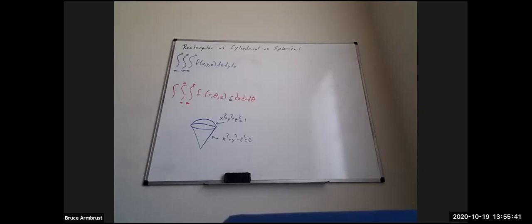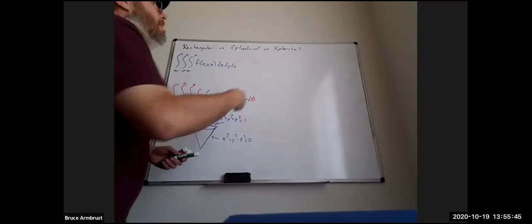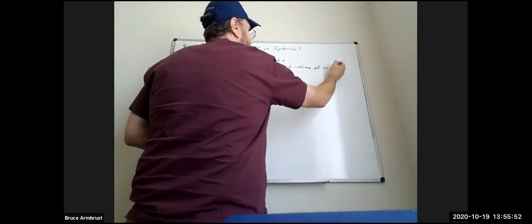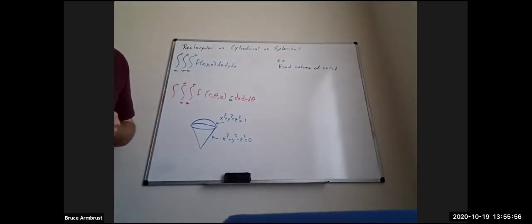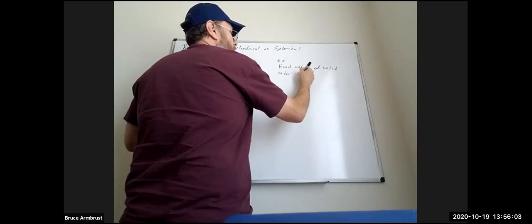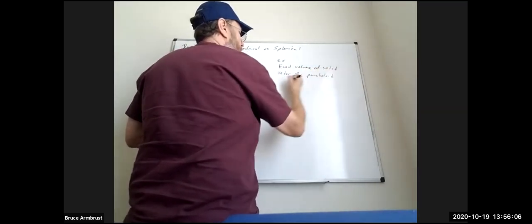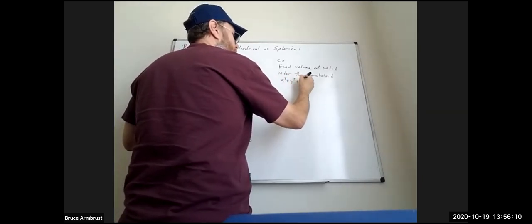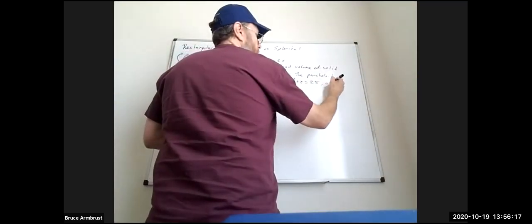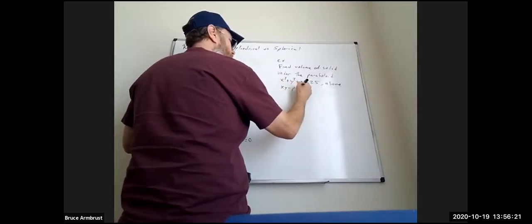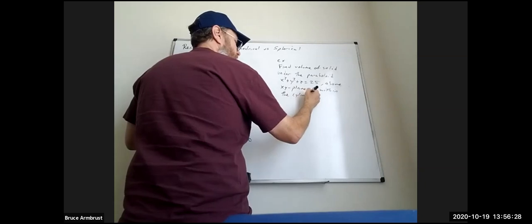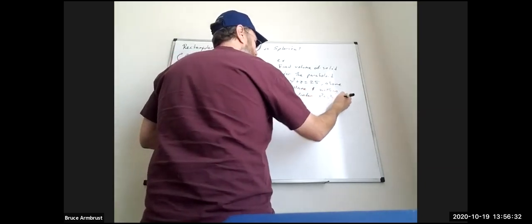Let's find the volume of the solid that's under the paraboloid x squared plus y squared plus z equals 25, above the xy plane, and within the cylinder x squared plus y squared equals 1.